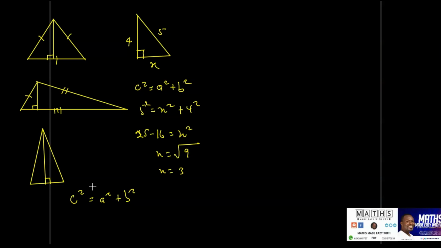Then again, another establishment came on board. And this time around, the establishment was not about the sides of a right angle triangle. This time around, it was about the relationship of the sides and their corresponding interior angles.